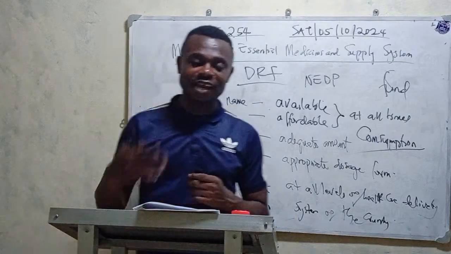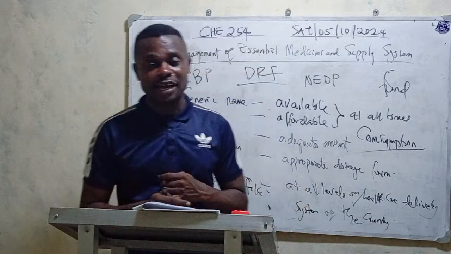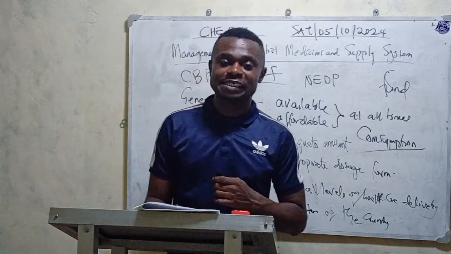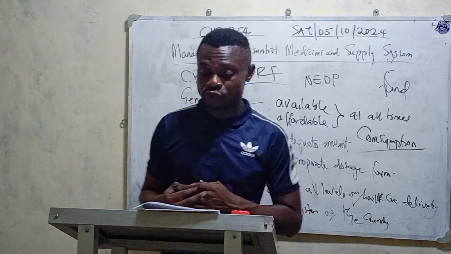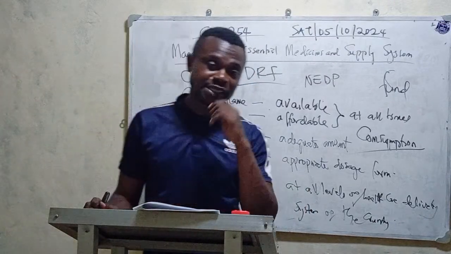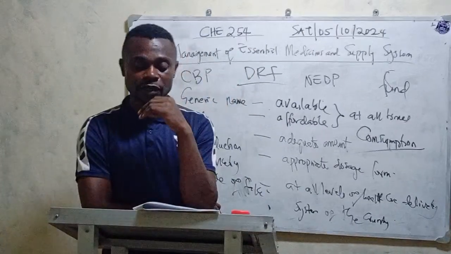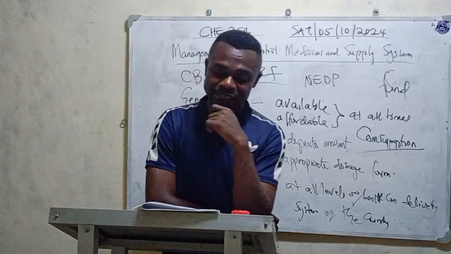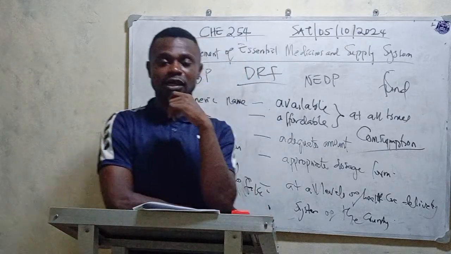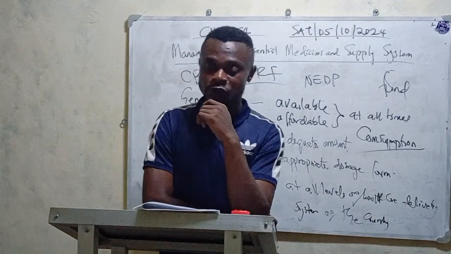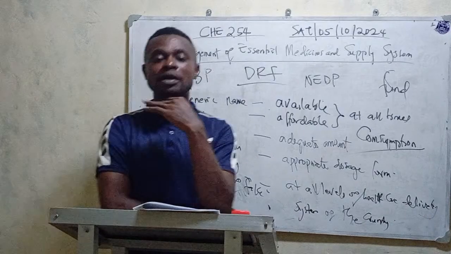You see things like paracetamol, aspirin, acetylsalicylic acid. Aspirin is not for children, anyway. Then you see piroxicam, ibuprofen, there are many of them. These are under analgesics. We'll pick them one after the other and discuss them in our subsequent classes, but I just want to list some of them as examples.